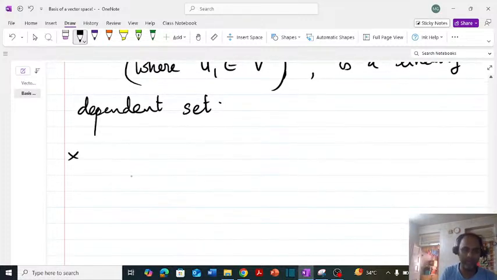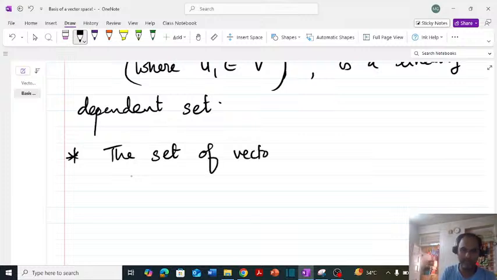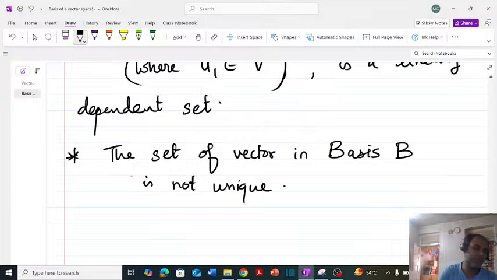The third result is that the set of vectors in a basis B is not unique.